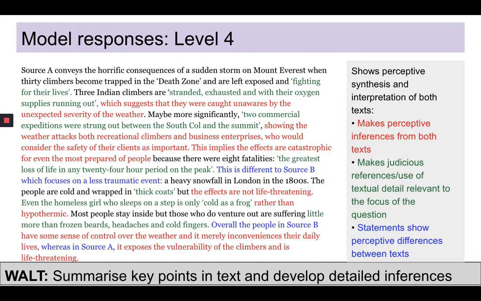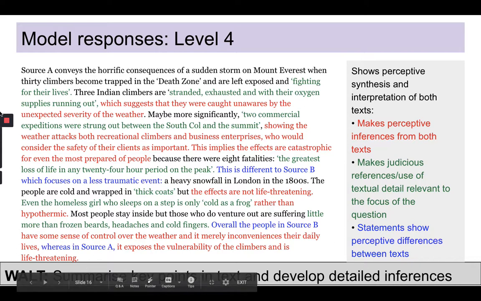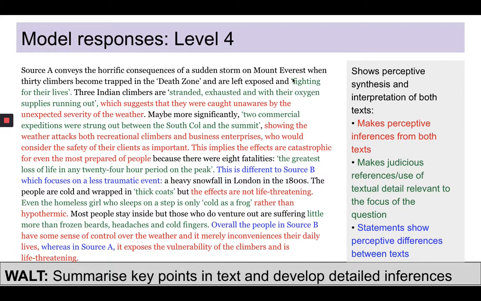Okay, so if we start at the top, you can see it does give a statement: there's horrific consequences to a sudden storm. There's evidence, they're fighting for their lives, stranded and exhausted with oxygen, which suggests they were caught unaware by the unexpected severity of the storm.